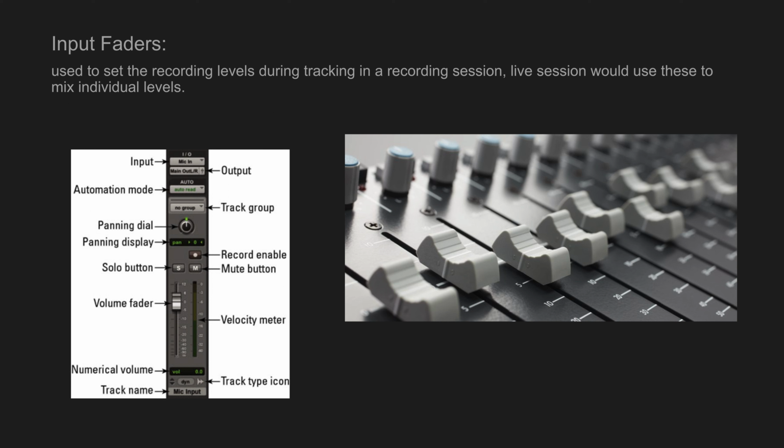And they can also be automated to go up to different values at different times in the song. So a lot of times when I'm mixing a song, I'll automate several of the instruments to be at different levels during different points of the song.